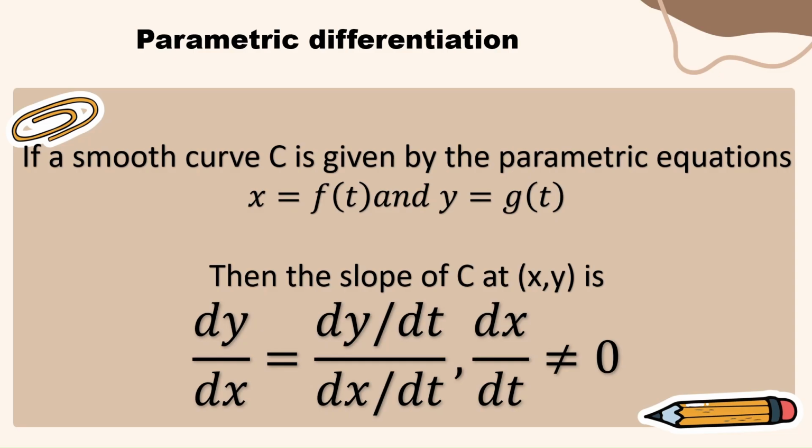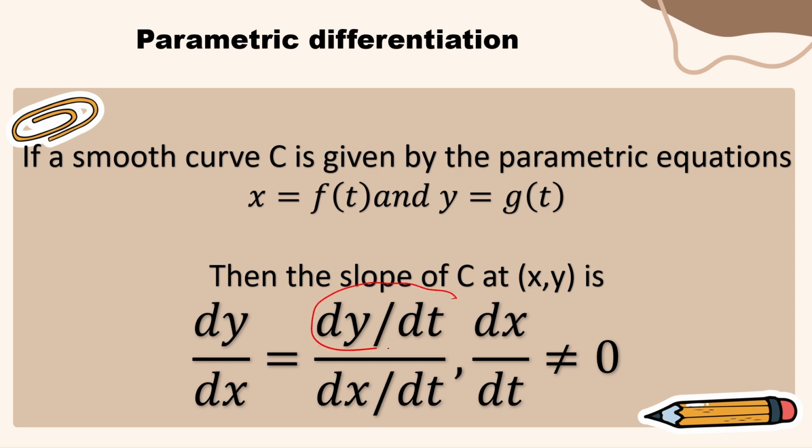If a smooth curve C is given by the parametric equations x is equal to f of t and y is equal to g of t, then the slope of that smooth curve C at (x, y), dy over dx, or the derivative of our parametric equation, is simply equal to dy over dt over dx over dt, given that dx over dt should not be equal to 0.